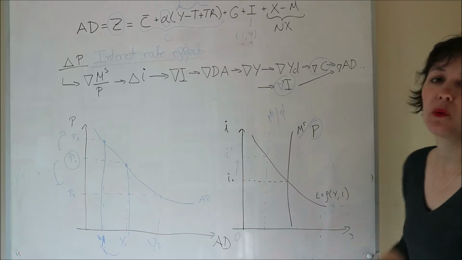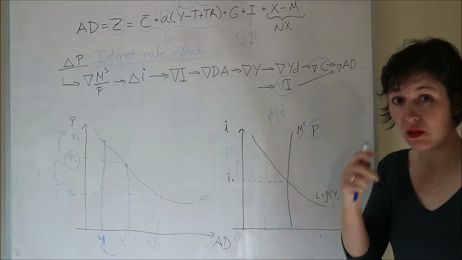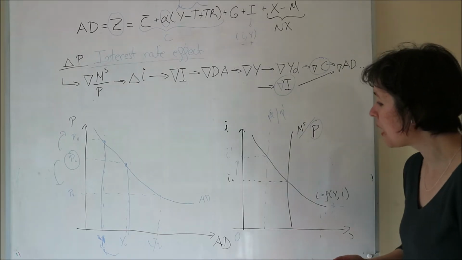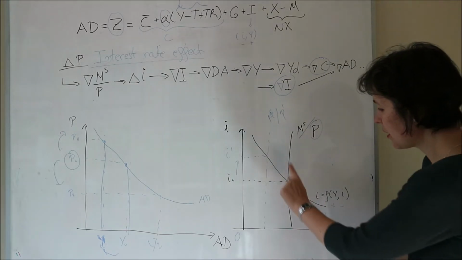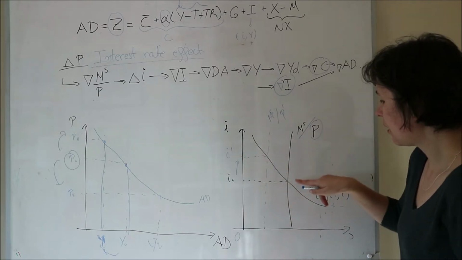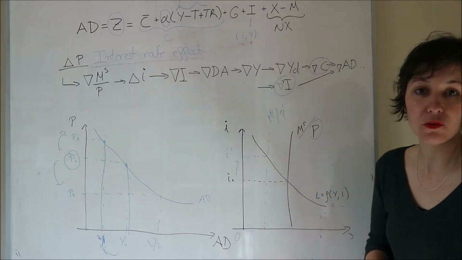So we should have a right shift of this curve, and the opposite is going to happen with a recession. Also remember that here, when the supply of money meets the demand of money, we are going to have the interest rate.